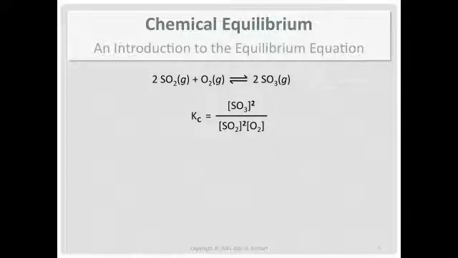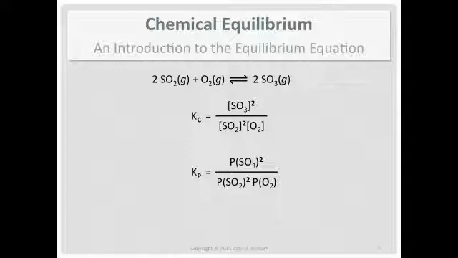Now I wrote this if we're using concentrations, moles per liter, which again you can do for gases. Moles of a gas per liter of the gas is fine. But you can also write this out in terms of Kp, which means you'd need pressures. But the mathematical method is still the same. Common units that I've seen for these are atmosphere and bar.